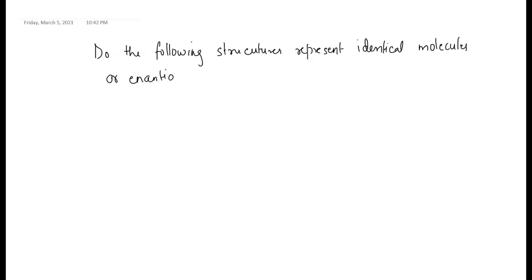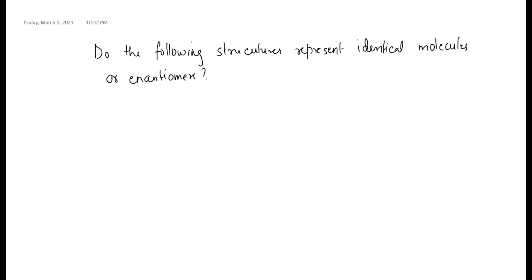So if they are enantiomers, remember, they will have opposite stereochemistry. One will be R and the other will be S. If they are identical, they will have the same stereochemistry. They will either both be R or both be S.